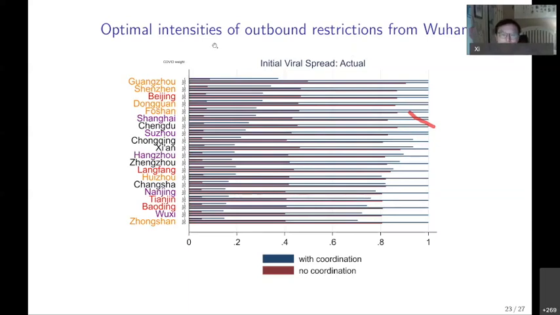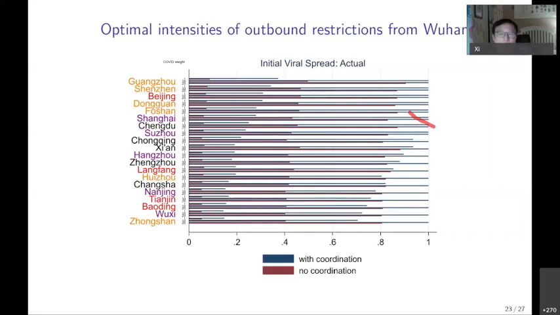So as the mayor of Guangzhou, they need to think about Wuhan. They need to first restrict the travel from Wuhan. And also the Shenzhen decision maker needs to think about banning or restricting here because this is pretty much approaching 1. All those cities need to immediately think about prioritizing travel bans or restrictions from Wuhan.